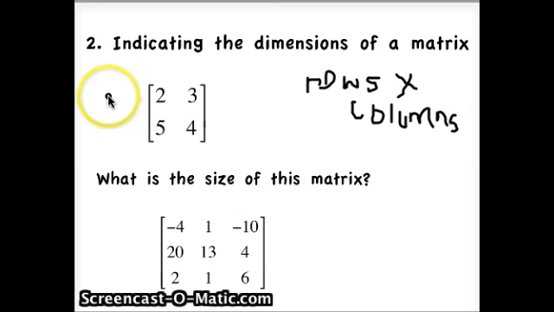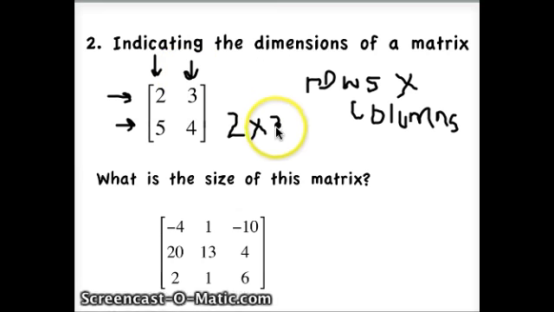Remember, our rows go across. So there are 1, 2 rows. So this is going to be a 2 by, we write the X, and then we have the number of columns. So 1, 2. This is a 2 by 2 matrix. So what's the size of this matrix?